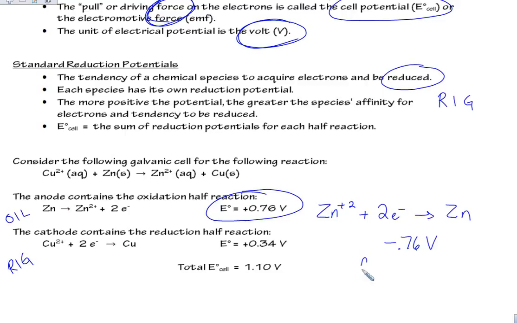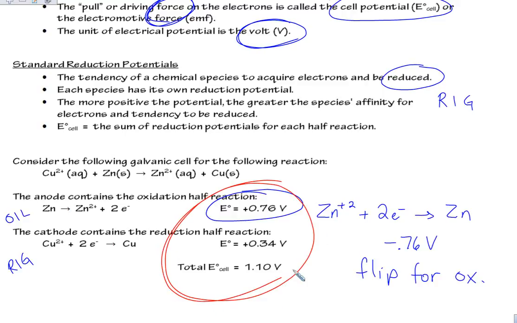So we'll say flip for oxidation. You will always need to do this because whenever you look up those potentials, they're only in the direction of reduction. So you'll always have to flip the one that's oxidation. Then you really just add these. Well, that's not so bad. You add them up, and there's my overall cell potential.